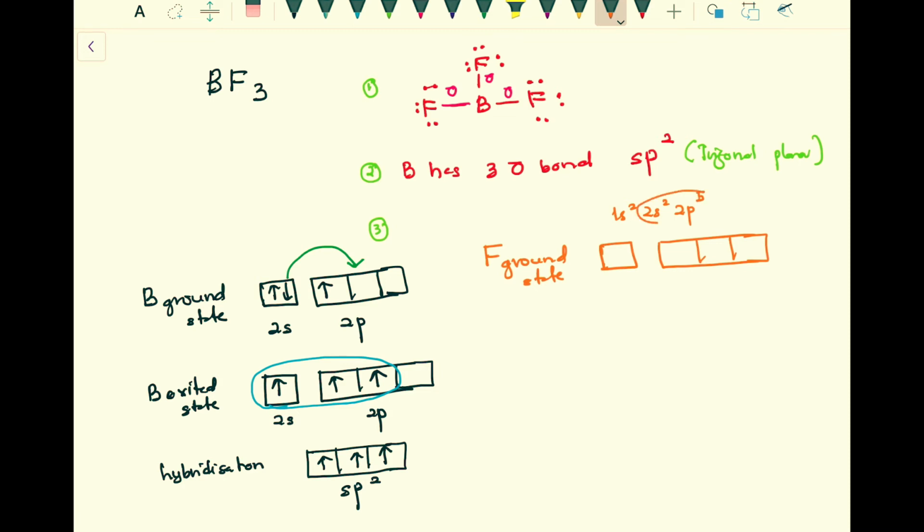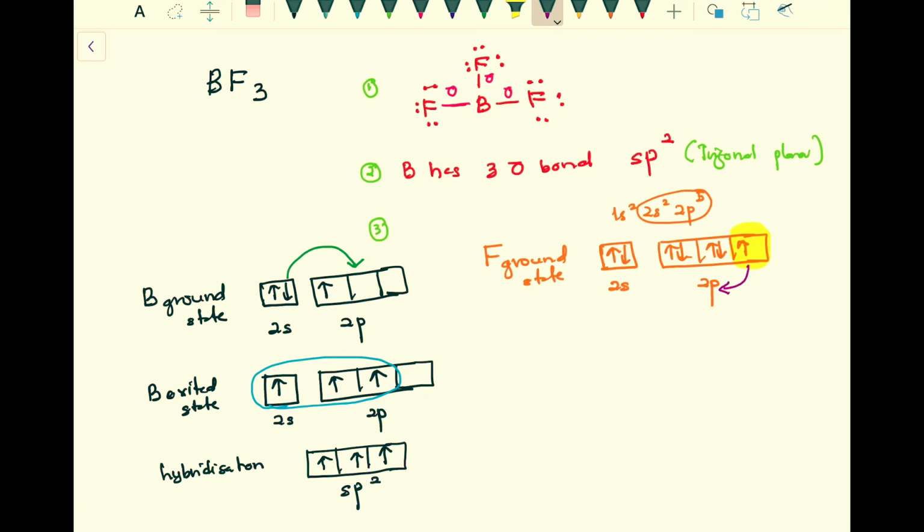So we only focus on this 2s, 2p: 1, 2, 3, 4, 5, 6, 7. Okay, so for fluorine, we only have 1 available orbital for overlapping, which is orbital 2p.